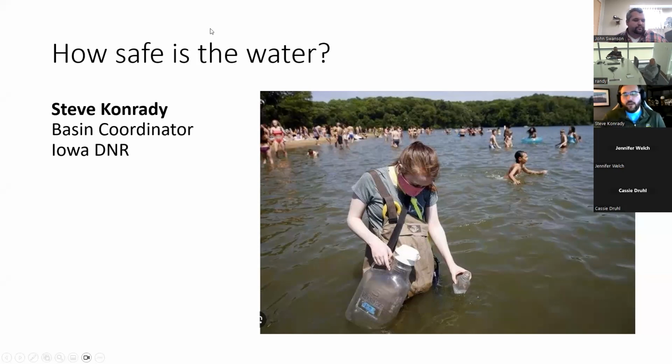Yeah, and I think a lot of the things that you and Jen said already, and that my colleagues Andy and Jason are going to talk about a little bit later, are going to come into play here as well. The risk in swimming or being in primary contact with the water at these smaller systems is highly variable, just like the ponds themselves and the watersheds.